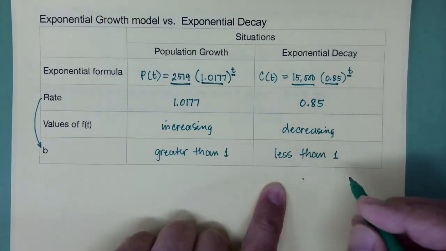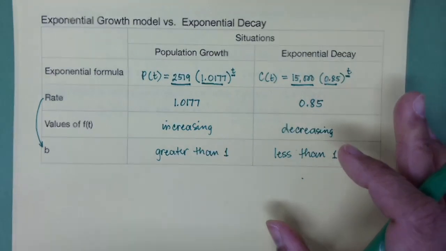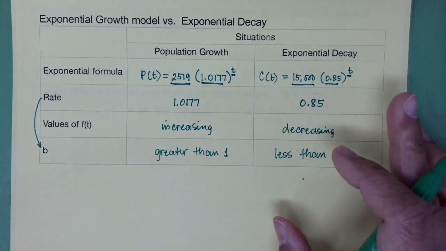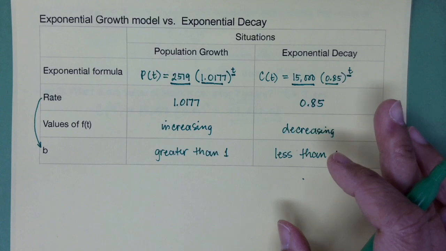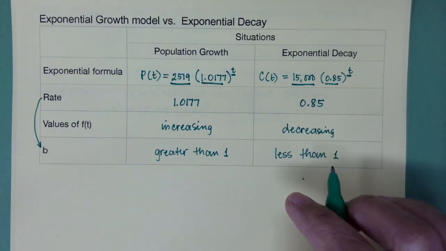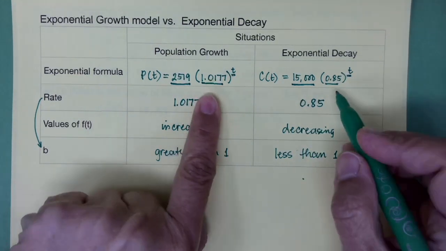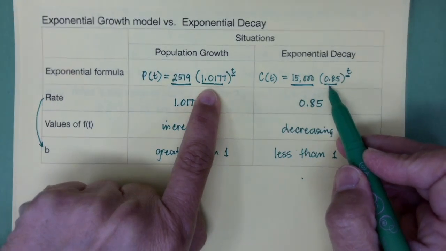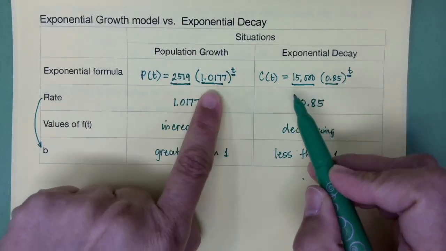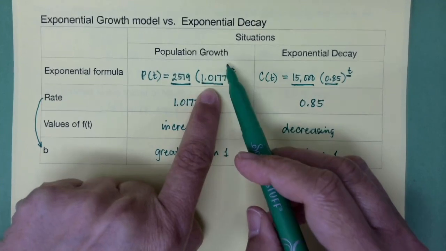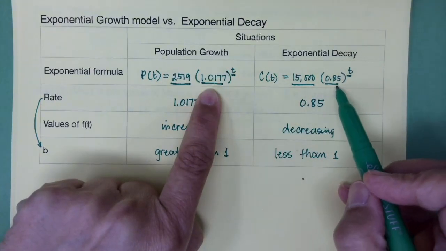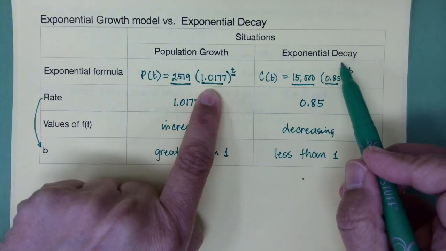So when you're given situations and asked to determine whether it results in a decay or a growth, all you have to do is look at the rate, the amount you multiply to the initial amount. If it is greater than 1, it's a growth. If it is less than 1, it's a decay.